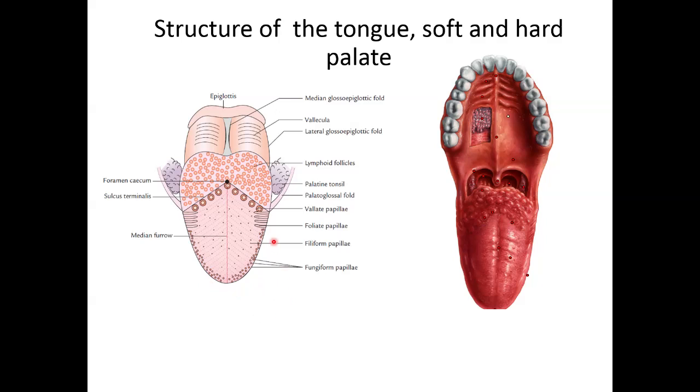Another very important information from these pictures, that anterior 2/3 part of the tongue is covered by the mucous sheet with a lot of special villi, which are named papillae.